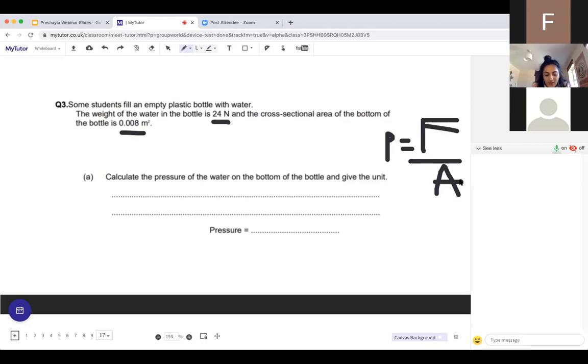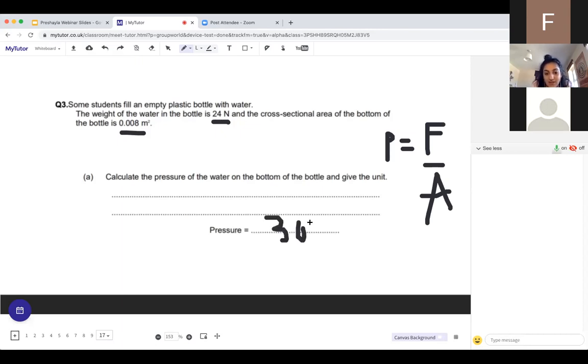So we're going to do 24 divided by 0.008, which is 3,000 pascals.